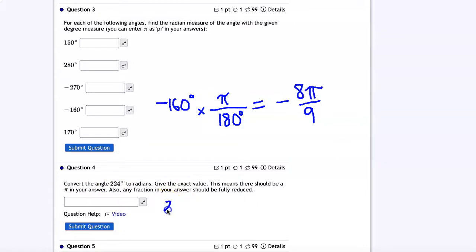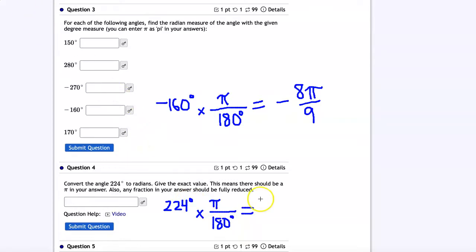Okay, so again, we're going to have 224 degrees. Multiply that by the unit multiplier, 224 over 180. What is that reduced to?